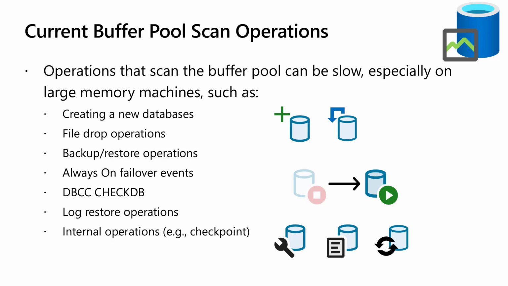So it may seem counterintuitive that we would have this issue on a larger machine. I mean, why would a larger machine be slower? Well, it's because of the serial scan process and the larger amounts of memory SQL Server has to address in regards to the buffer pool.